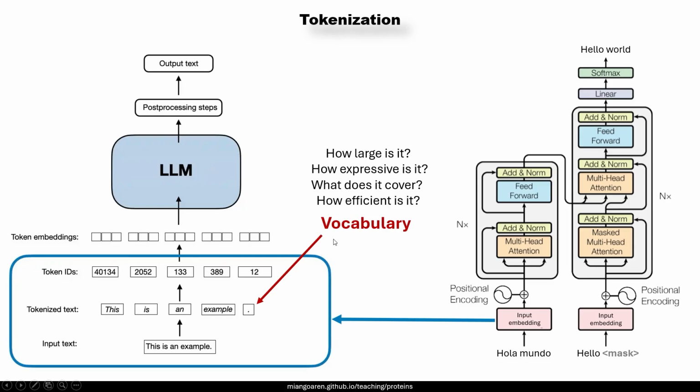And this vocabulary, evidently, has its own particular characteristics, such as how big it is, how expressive it is, whether or not it can cover words from multiple languages, whether it is very efficient in the way it contains information, among many other questions that we can ask ourselves when designing a vocabulary capable of representing the diversity of data that we want to represent.